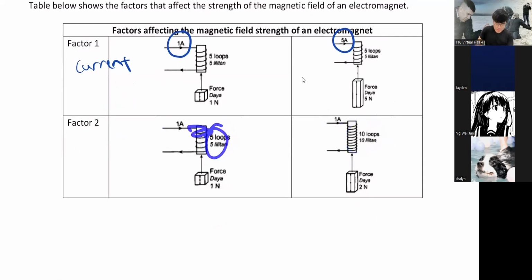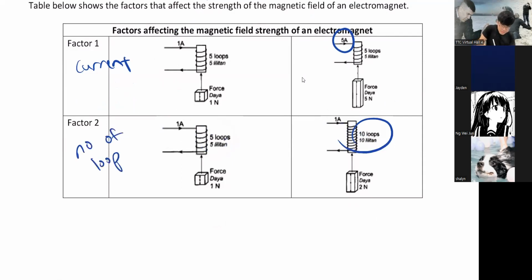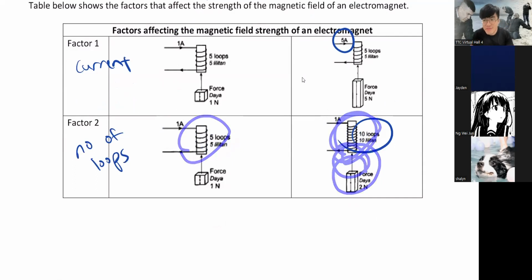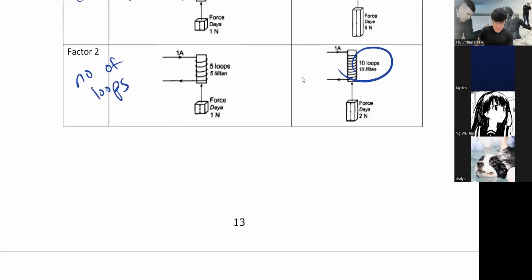This one is 5 loops, this one is 10 loops. So this one is stronger. The factor here is the number of loops. 10 loops can pull heavier stuff. The more turns, the stronger the magnet. The more current, the stronger the magnet.